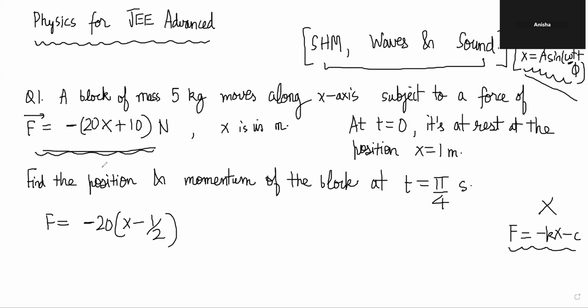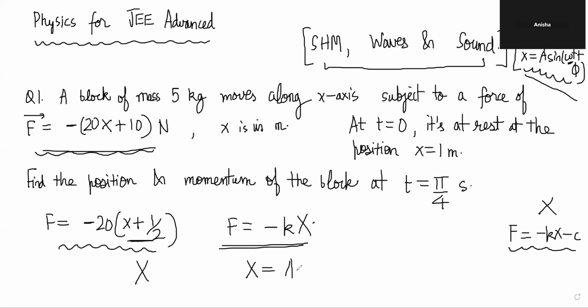Right. So this thing is our capital X. So capital X would be A sine omega t plus phi, right? And now we know that it is SHM.